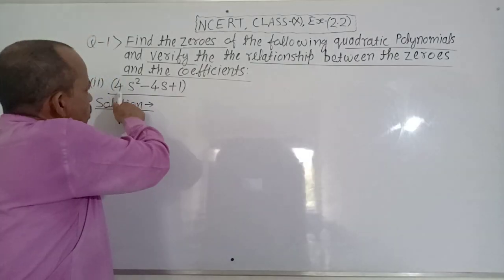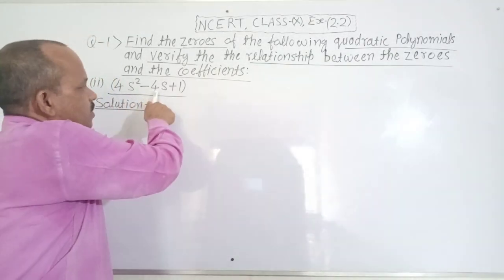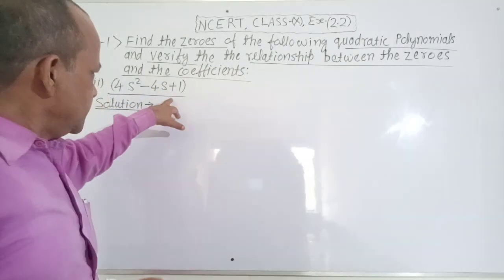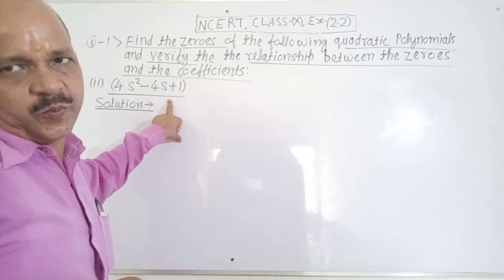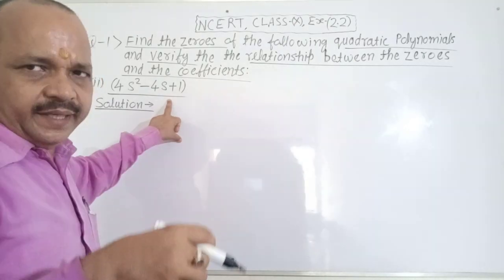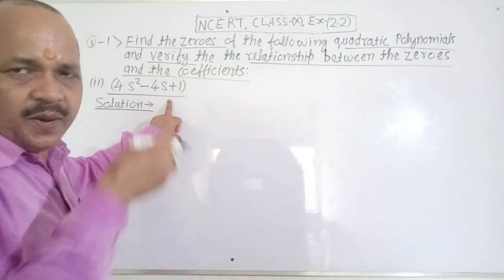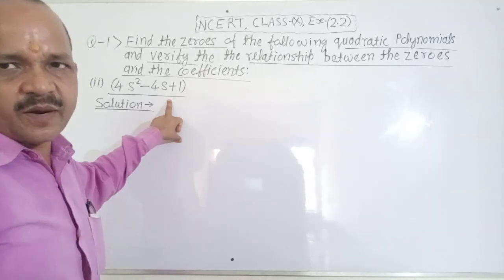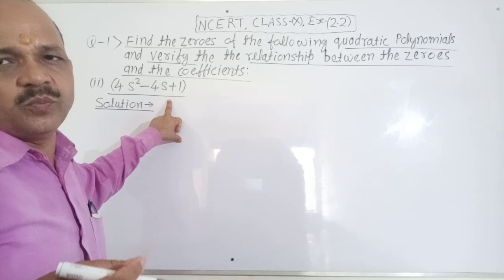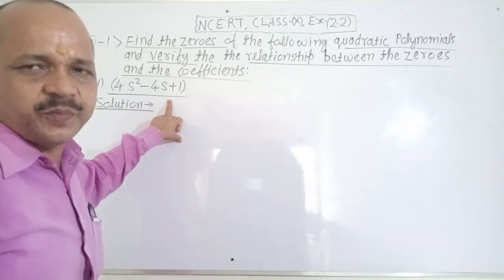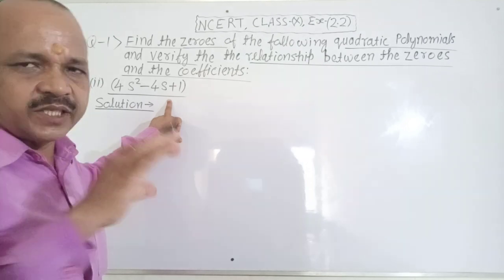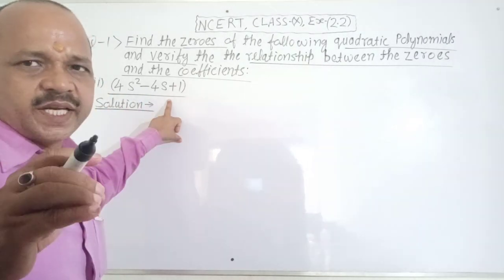Question second. 4s square minus 4s plus 1. It is the given quadratic polynomial. You find zeros of the polynomial and coefficients of the polynomial, and then you verify the relationship between zeros and coefficients. It is clear, no confusion about it.